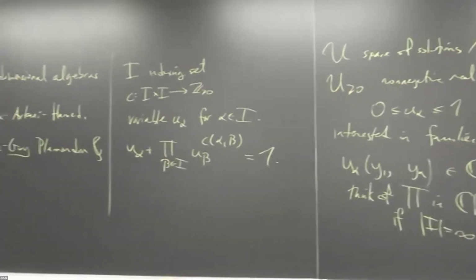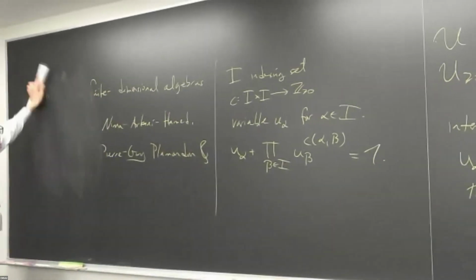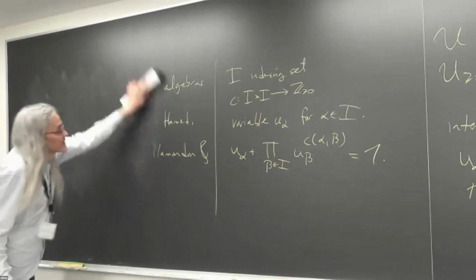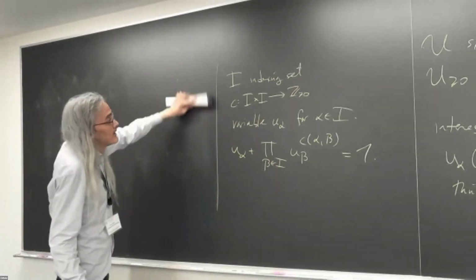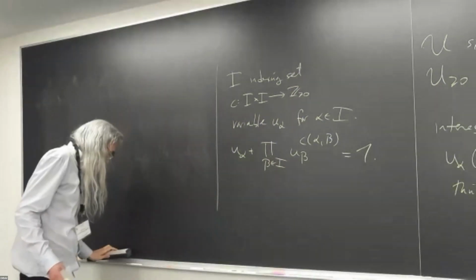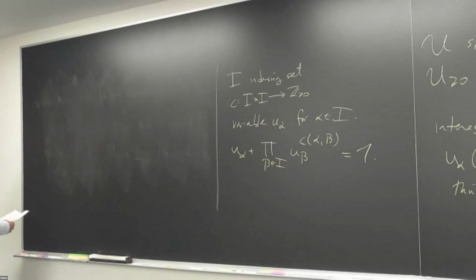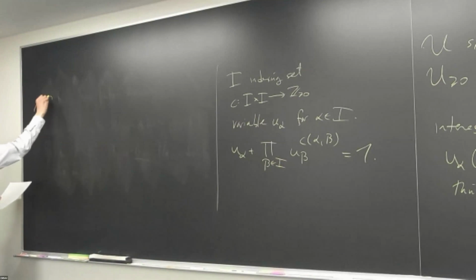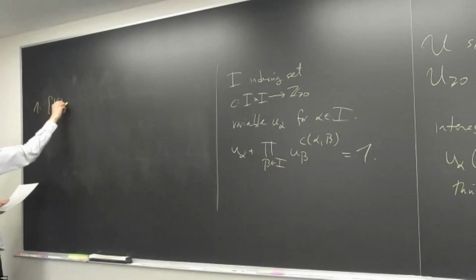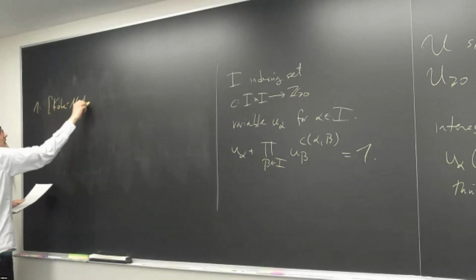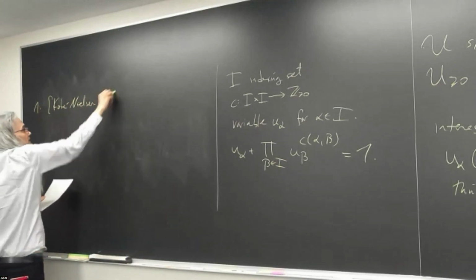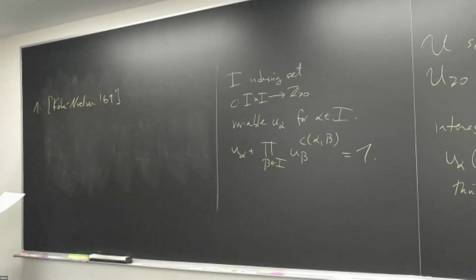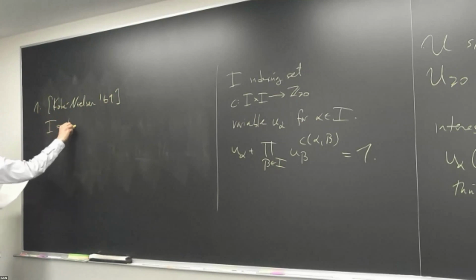The first example I want to start with is perhaps familiar in physics. This example is the Koba-Nielsen, it goes back to Koba and Nielsen back in 1969.